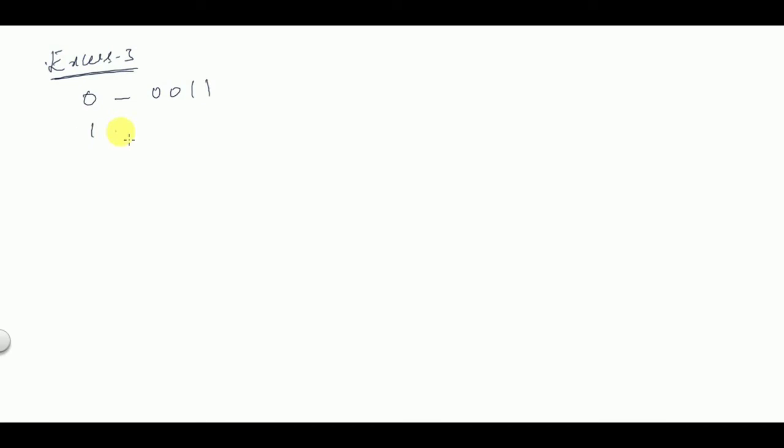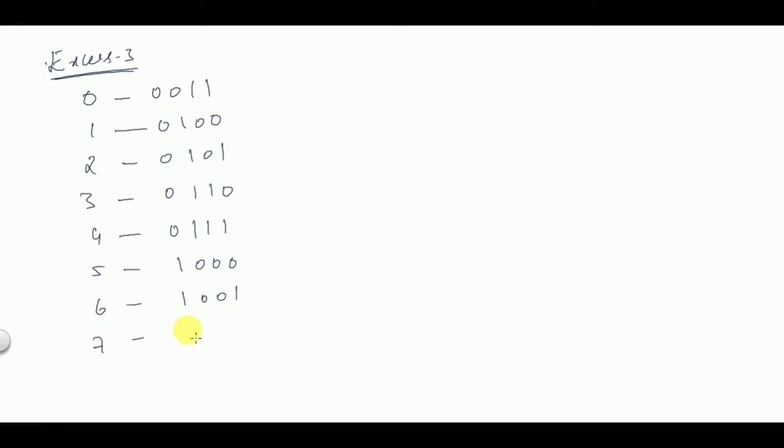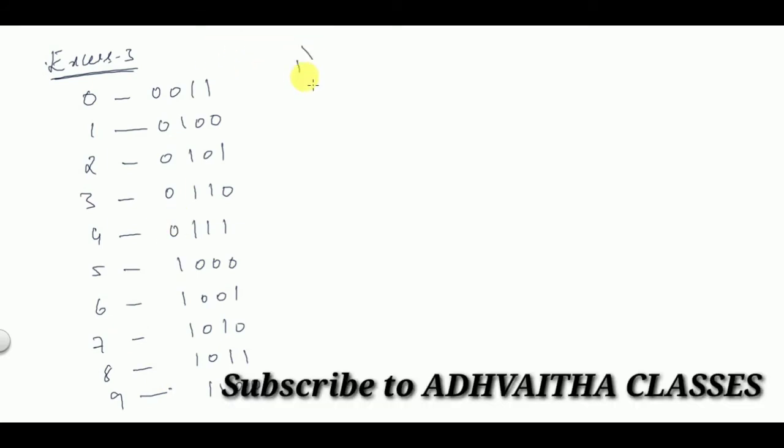For 1 it is 0100, 2 is 0101, 3 is 0110, 4 is 0111, 5 is 1000, 6 is 1001, 7 is 1010, 8 is 1011, and 9 is 1100.